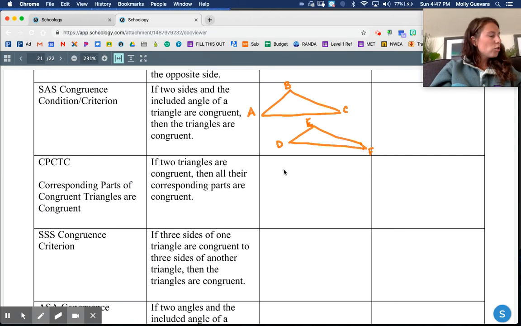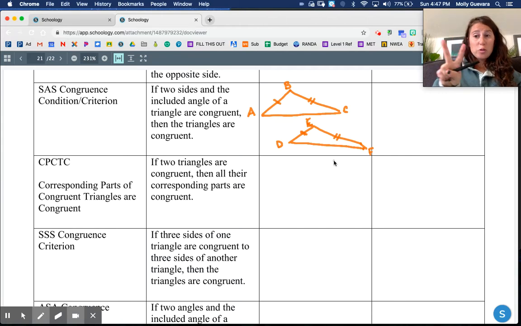What side angle side congruence says is that if I know that two sides are the same, so side AB and side DE are the same, and the reason I know that is because of those tick marks. And then side BC and EF are the same, and I know that because of the two tick marks.